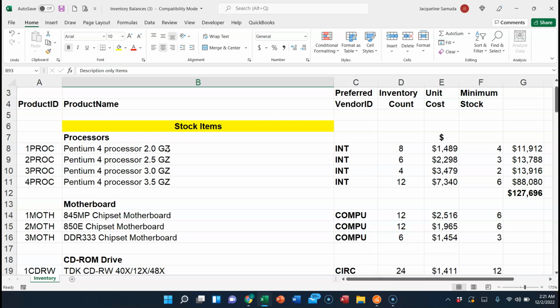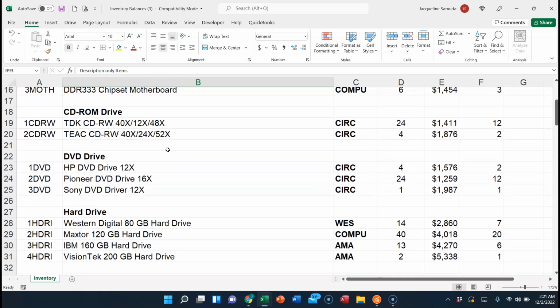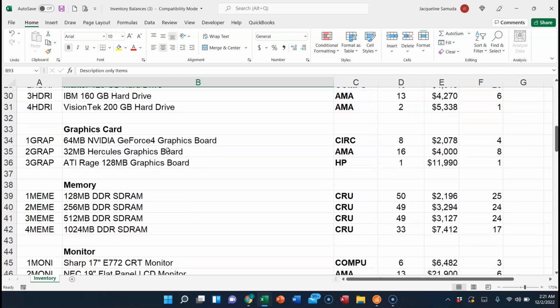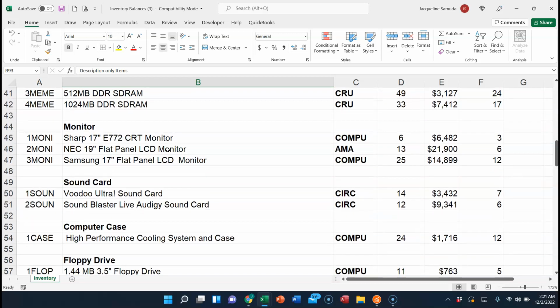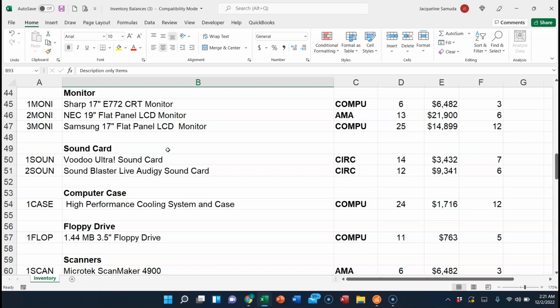So the processors, the motherboard, the CD-ROM drive, the DVD drive, the hard drive, the graphics card, the memory, the monitor, the sound card, all of these that I have mentioned are a critical component in one computer unit. So if you're going to build one, you are going to need these items.